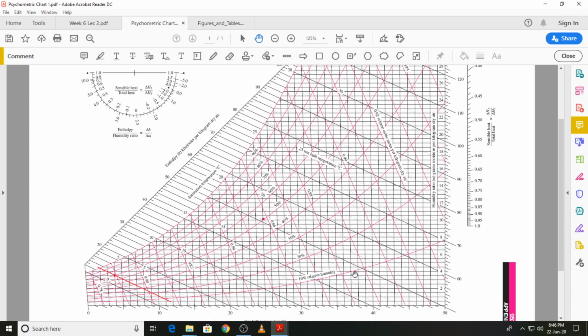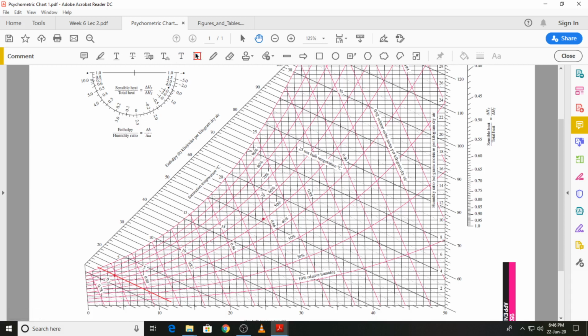The other air stream has a dry bulb temperature of 25 degrees C and a relative humidity of 50%. So this is 25 over here. We go straight up to where this line intersects the 50% relative humidity line, that is state 2.